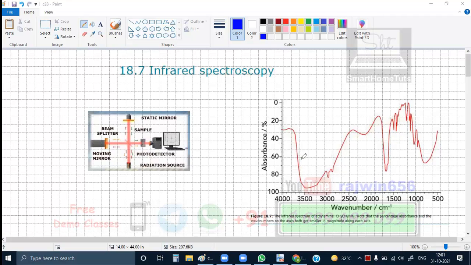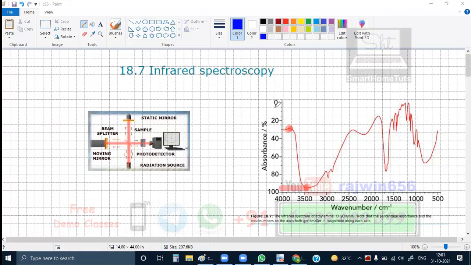Here, whichever part is the maximum, the peak, it means that much of the sample is absorbed. So at one point the absorbance is minimum, and at another point the absorbance is maximum because this is close to 100.